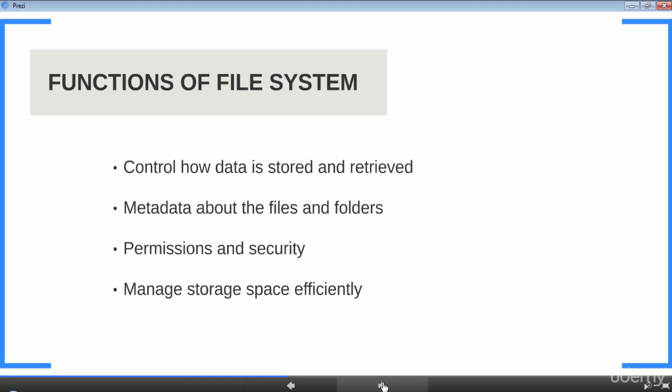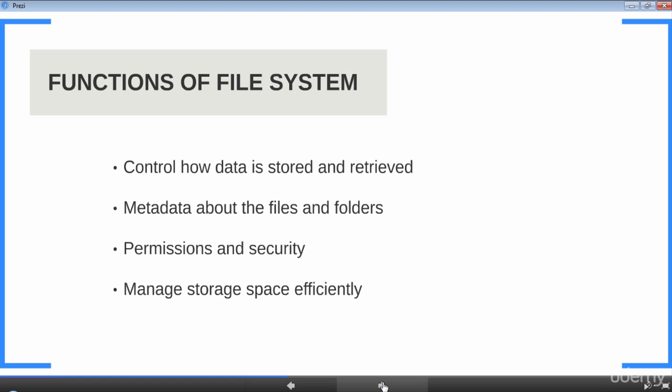Metadata information like file name, size, owner, created, modified time, etc. File system also takes care of permissions and security. File system manages your storage space. So when you ask to write a file to hard disk, file system helps figure out where in the hard disk it should write the file, and it should write the file as efficiently as possible.